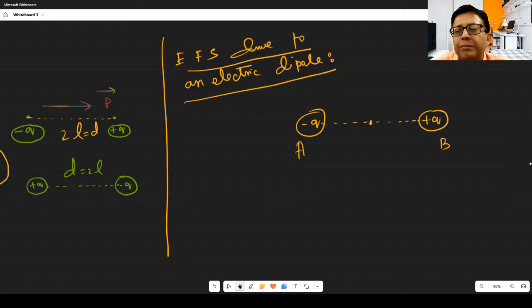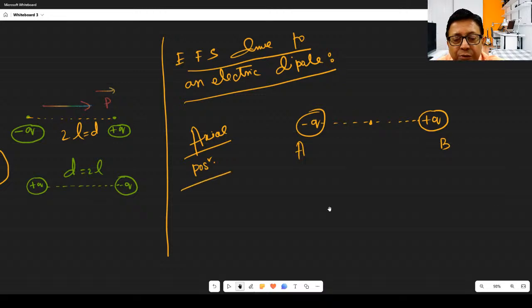Okay. We'll find electric field strength in axial position. Axial position means on the axis we want to find.